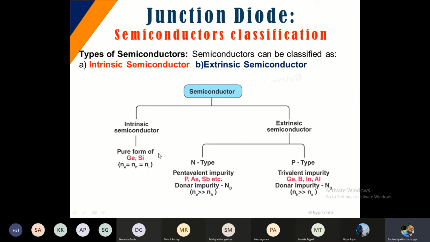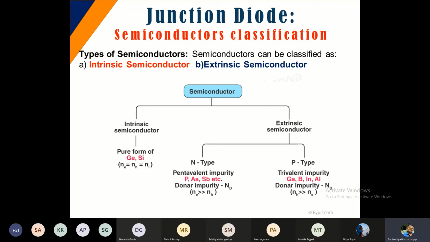But ideally, in general we can say an intrinsic semiconductor is a pure form of germanium or silicon. We have established by now what a valence electron is, what the energy bands are, how the energy bands are placed for different materials, and how the forbidden gap can be achieved for semiconductors.